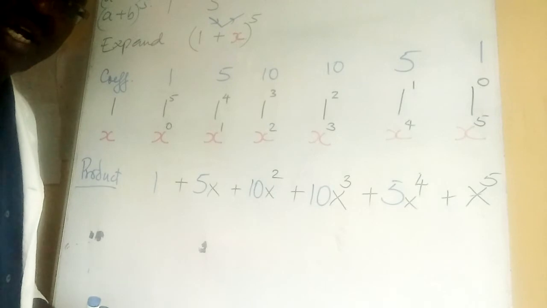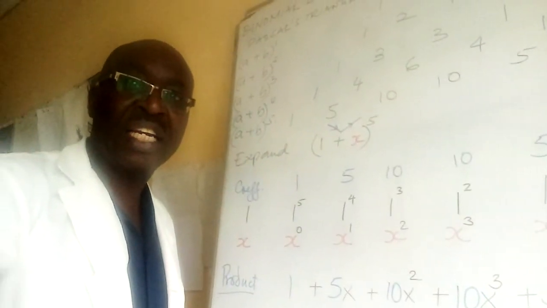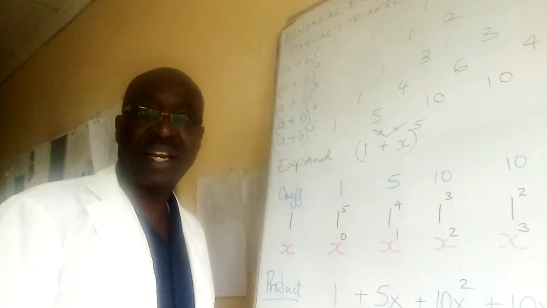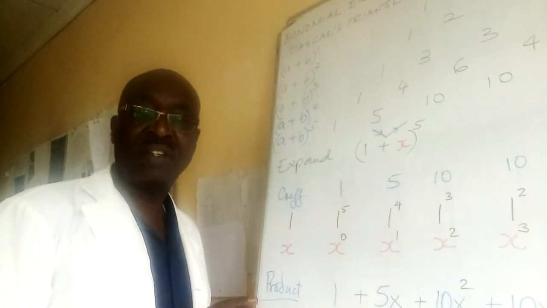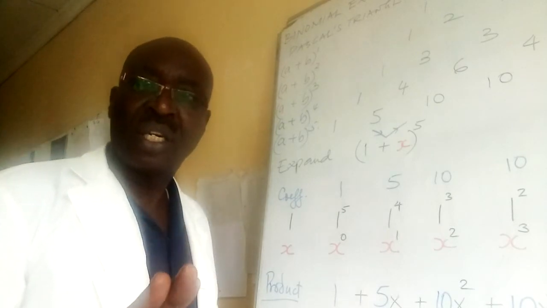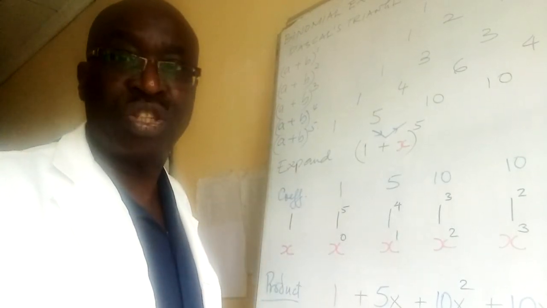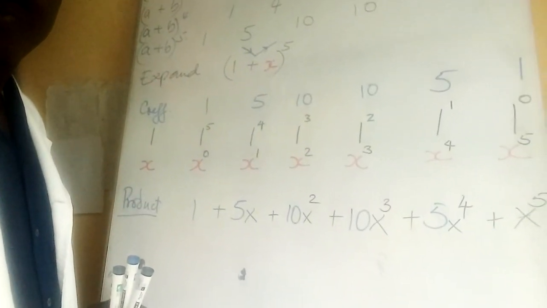The trick comes to students when you have a negative sign. When you have a negative sign, it becomes tricky. But if you maintain my approach, you cannot have problem.